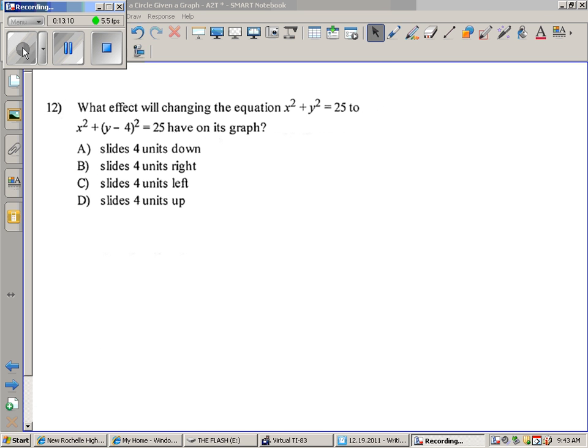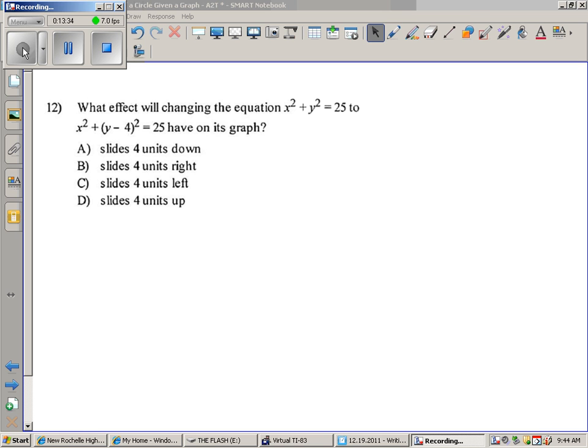Let's play one more time. Let's try this one. Here you're given 2 separate equations. They're the same graph. It's just been moved around, right? Take a look at the new equation. What happens to the graph? Which way did it go? Did it go up? Did it go down? If you change this in parentheses, right?